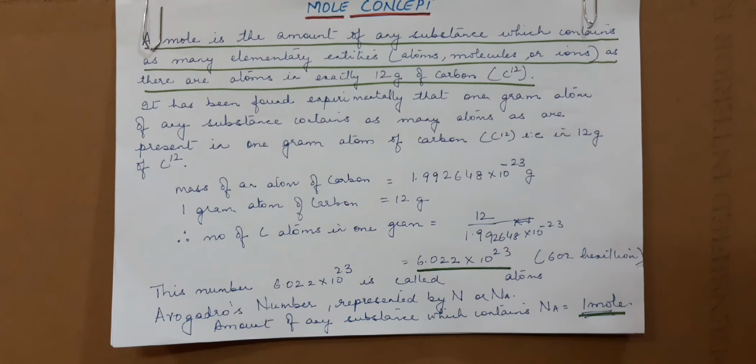Therefore, a mole of sulfur molecules contains 8 moles of sulfur atoms, or a mole of sulfur atoms contains Avogadro's number of atoms. You're getting me?